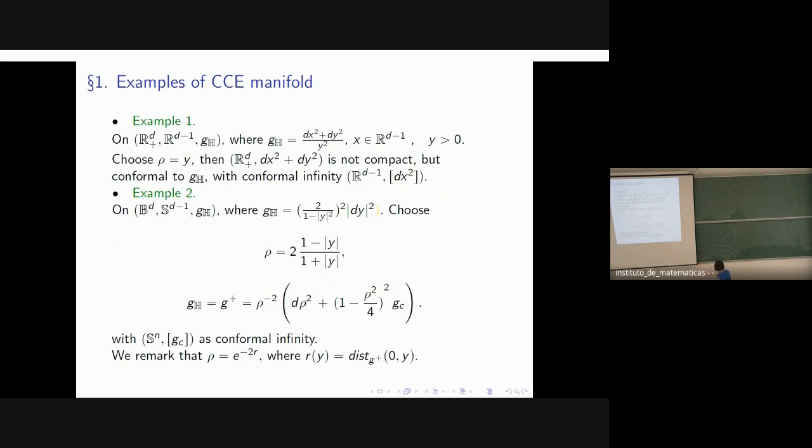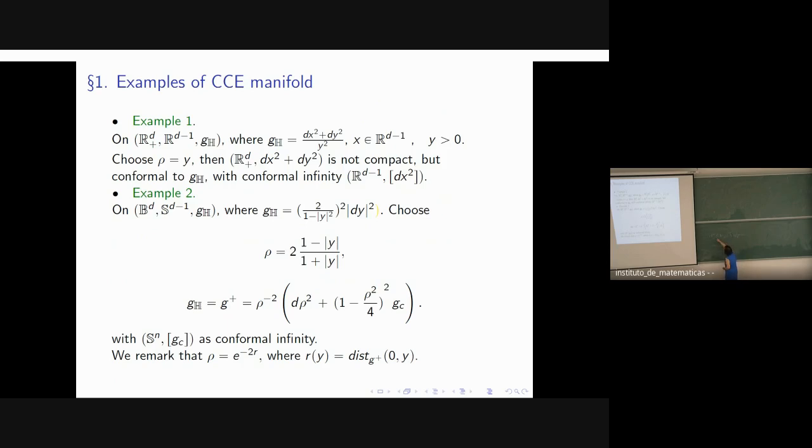And then the second example to keep in mind is the sphere with the hyperbolic ball. So we have this B^{n+1} and S^n, and then there's this Poincare-Einstein metric. And this metric I write as 1 minus |y| squared, since I try to save x for other purposes in the lecture, so here I denote the point by y.